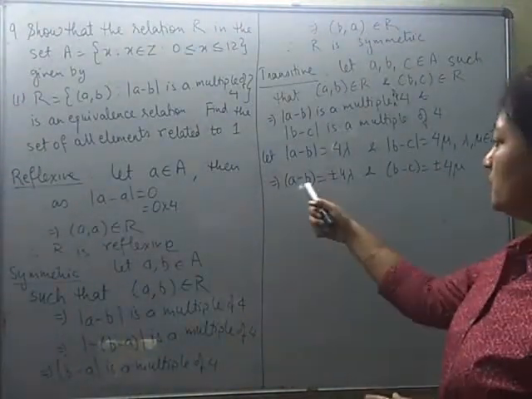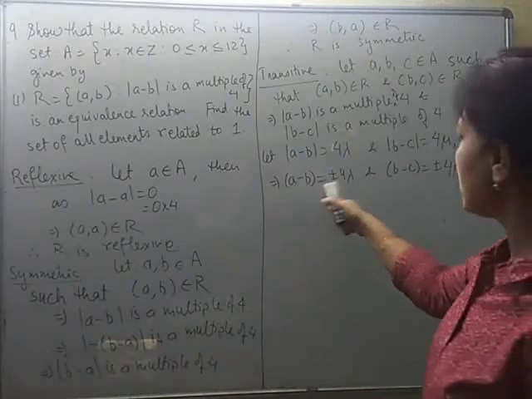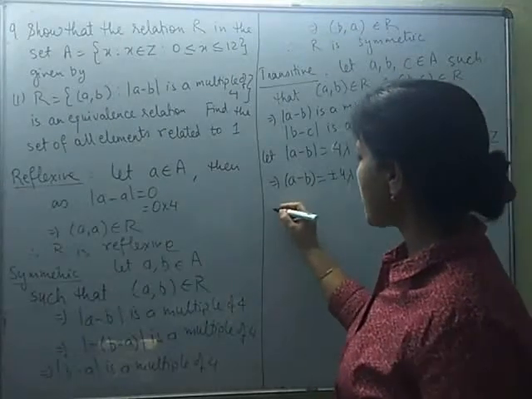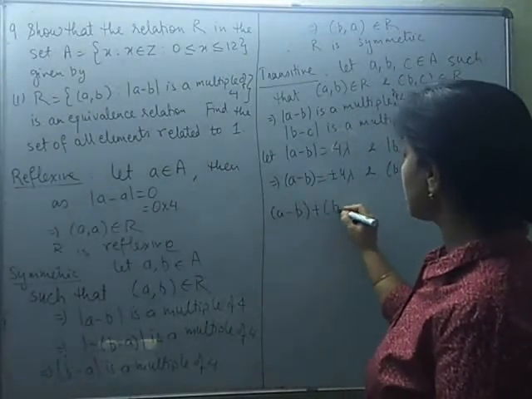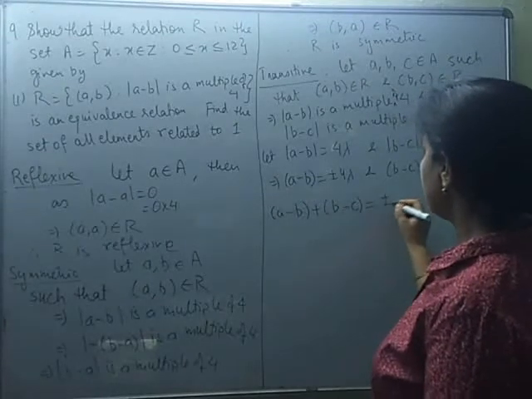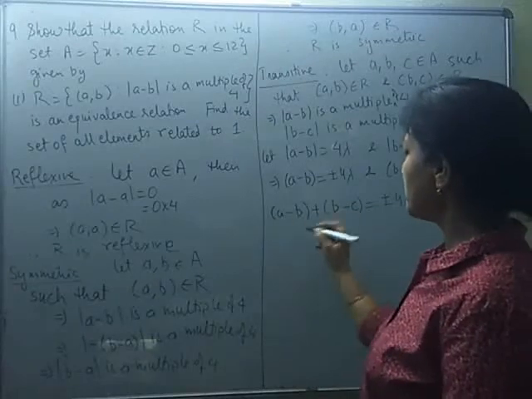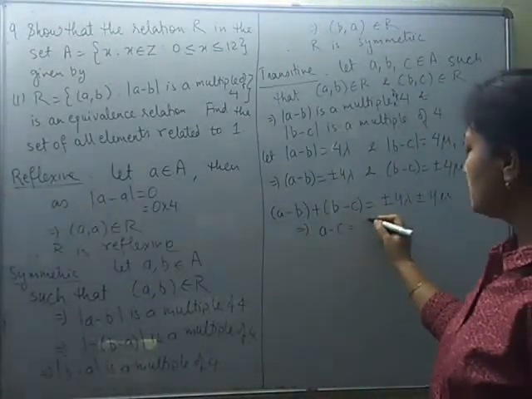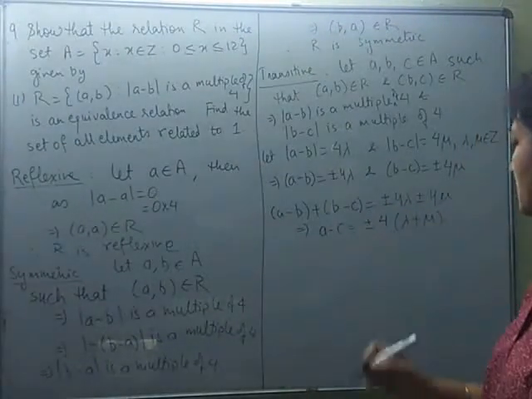We need to establish the given relation between a and c. For that you can use these two equations simultaneously. Let us add their respective sides. So adding their left hand sides and adding their right hand sides respectively, you will find b can be eliminated here and we get a minus c is equal to plus minus 4 times (lambda plus mu).